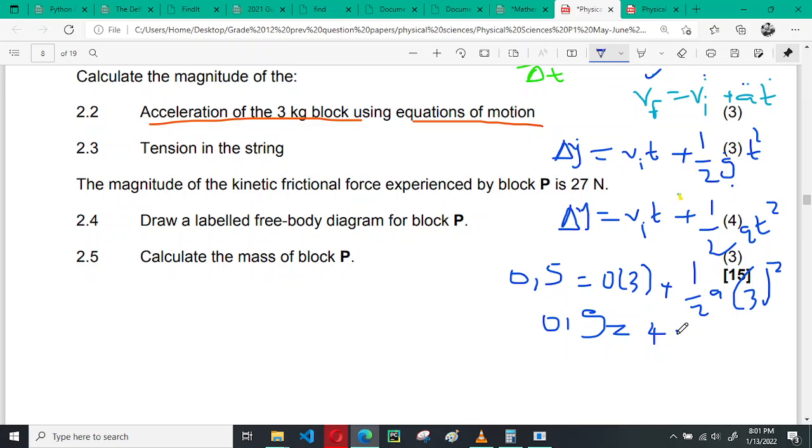times a, and then your a, we know it's 0.5 divided by 4.5.